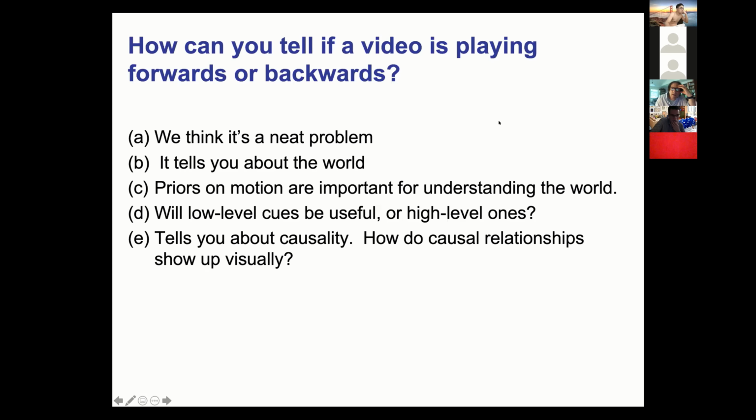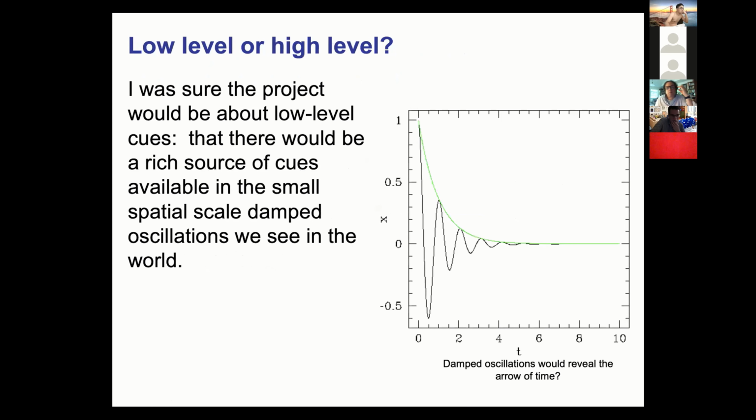Or is it a low-level cue? And here's an example. And again, just because this is a workshop, let me not just tell you about the work, but tell you about how the work was different than how we thought it was going to be. I thought that it would be low-level cues that would let us know if it's playing forwards.